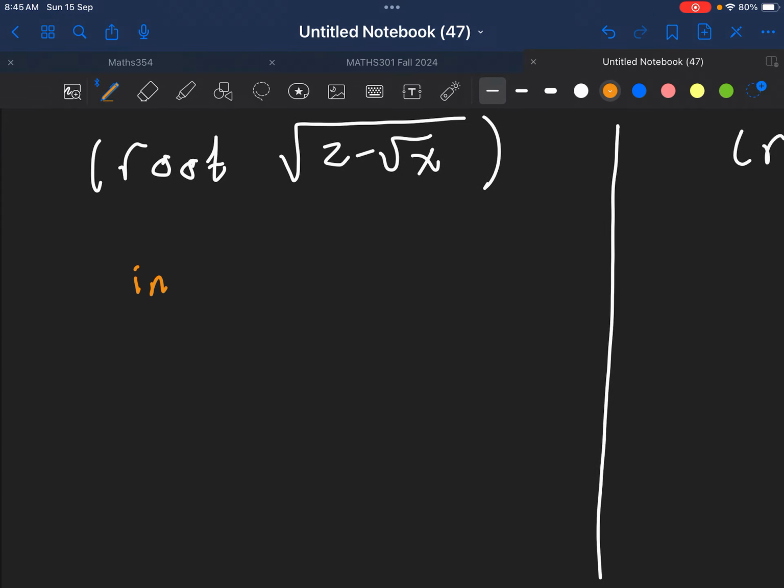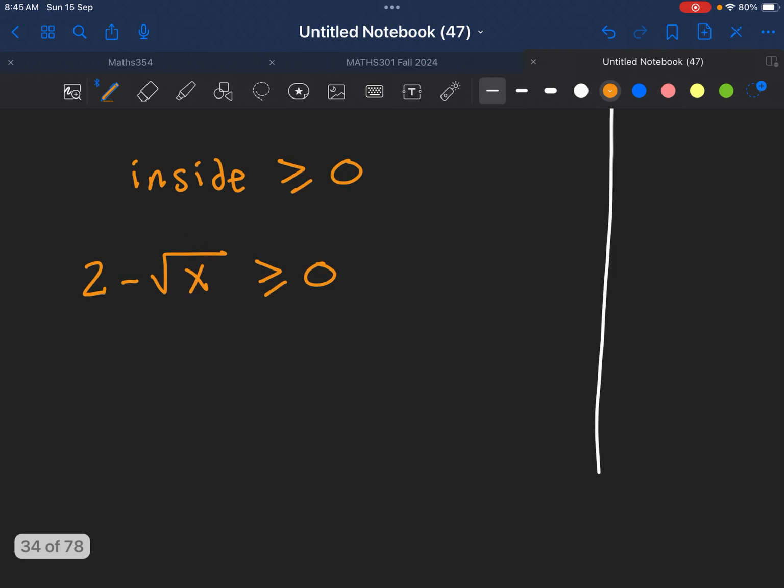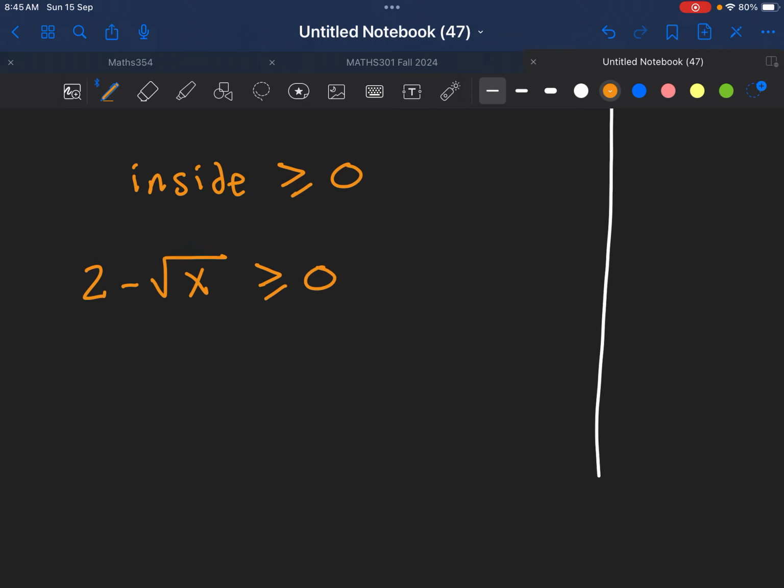Let's see how we deal with this one. Well, with this one, directly, I write inside greater than or equal to 0. So this means 2 minus square root of x is greater than or equal to 0. That means if I move the square root to the other side, this means 2 is greater than or equal to square root of x.